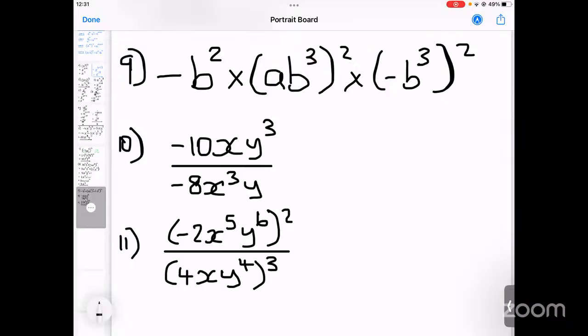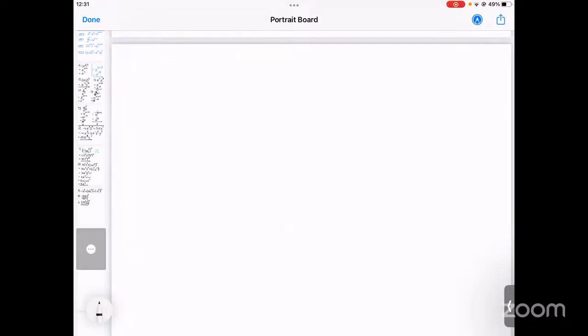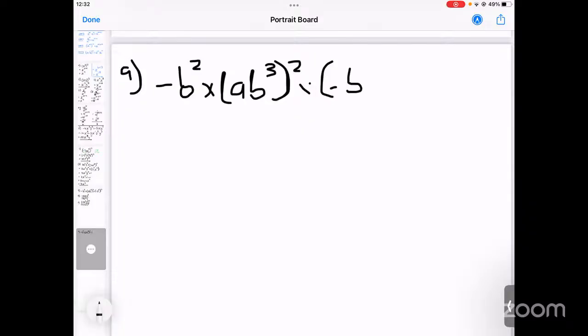Sir, I'm done. Okay, let's see. How did you work it out? So first I worked out the brackets and I first wrote negative b to the power of 2 times ab to the power of 3 times b to the power of 6.